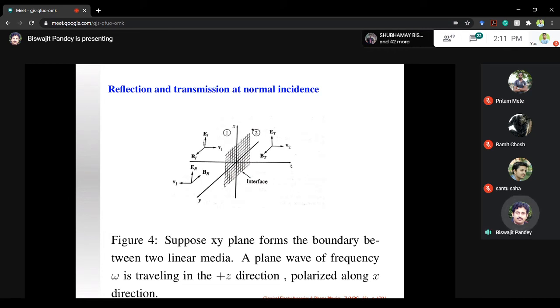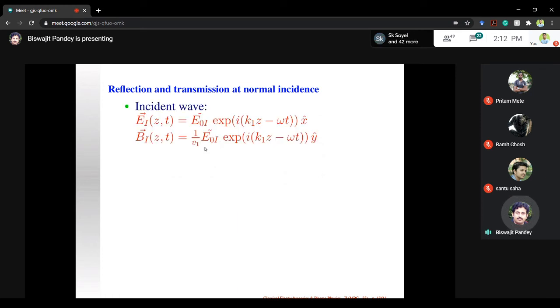And so if a part of the electromagnetic wave gets reflected from the boundary, that must be traveling in the opposite direction, in the minus z direction, right? And what would happen to the electric field and magnetic field of the reflected wave? They will change. But E will not change its polarization because of the transverse nature of the electromagnetic wave.